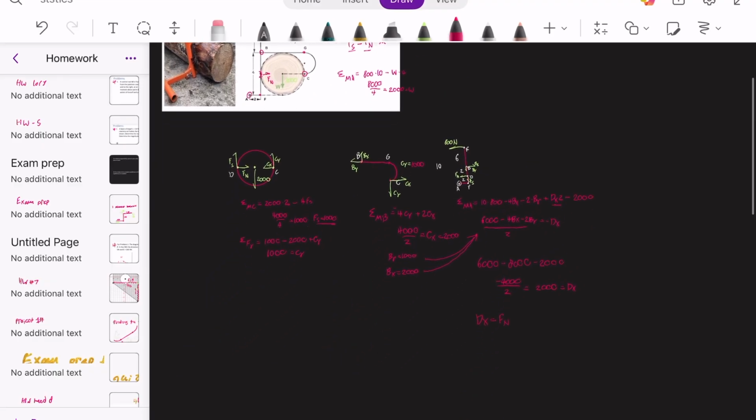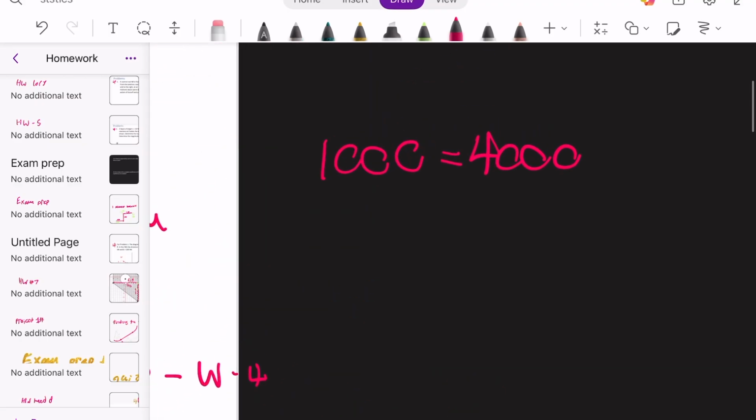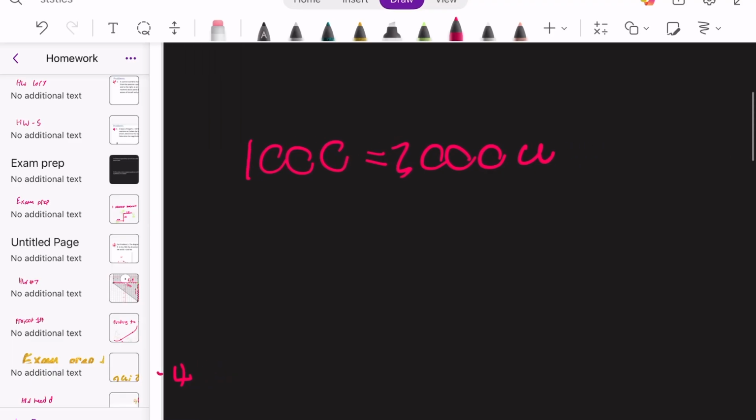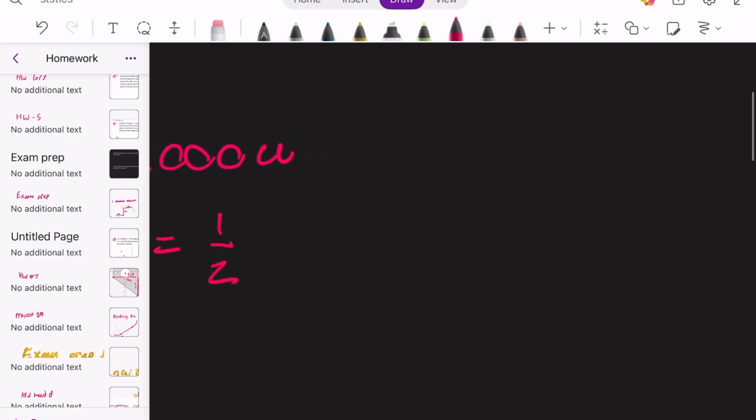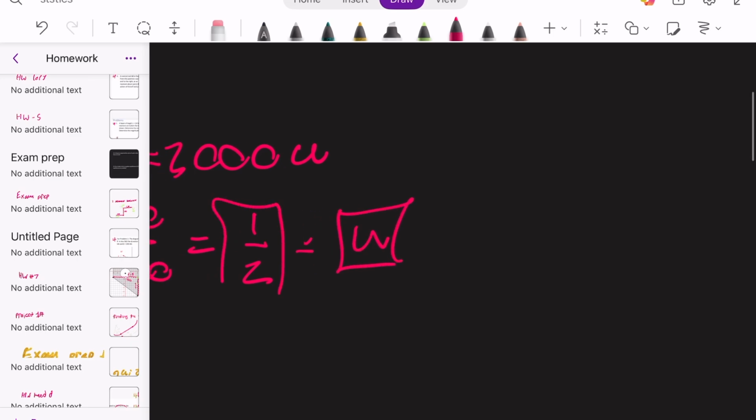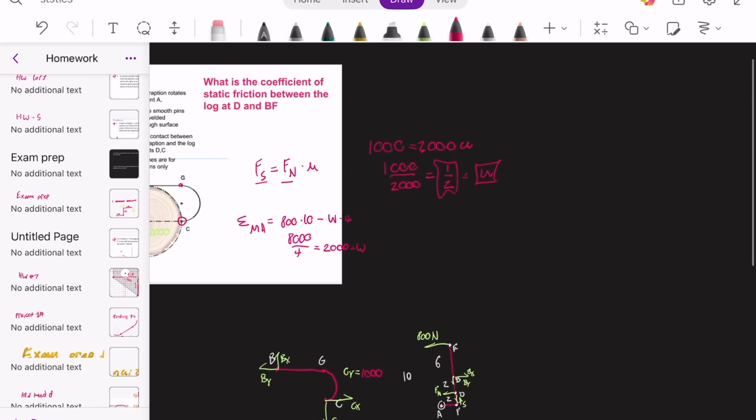Wait, did I say 4 or 2,000? 2,000. Sorry. 2,000 times the coefficient of static friction. So that's 1,000 over 2,000, which just equals 1/2. So it turns out the coefficient of static friction between those two is, what am I doing? Is just 1/2. Sweet. That's it.